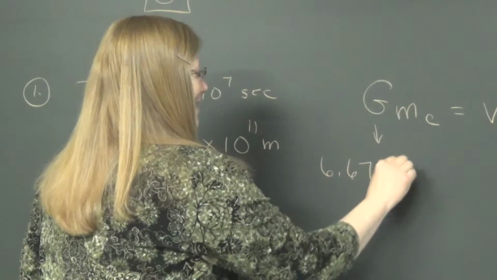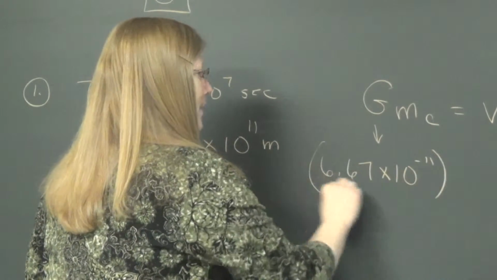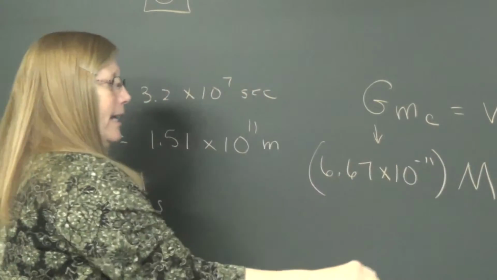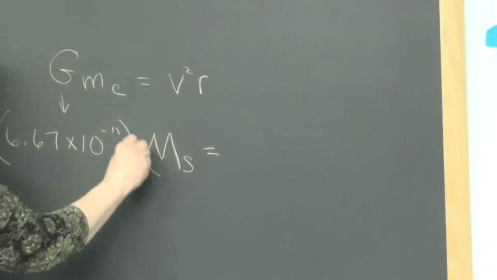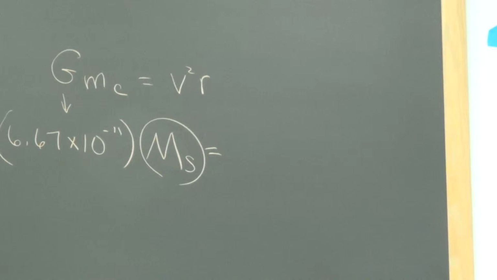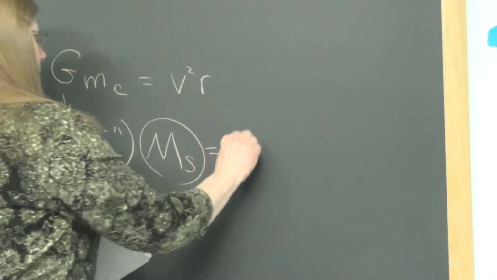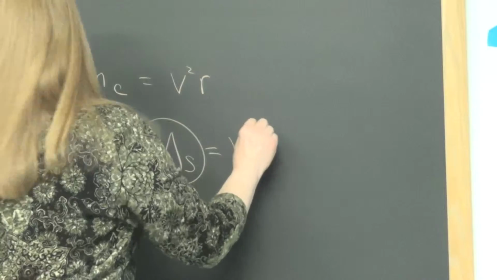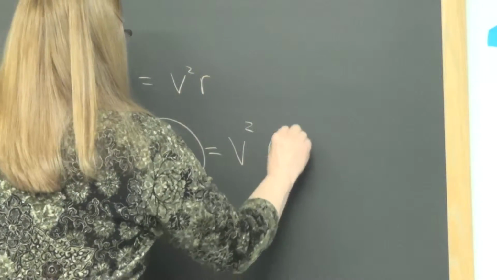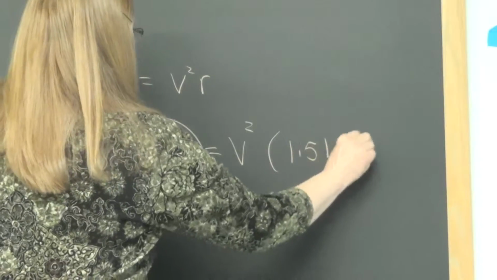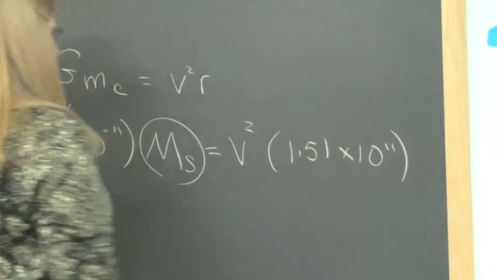All right. Mass of the sun. The mass of the thing in the center is the sun. So that's what we're looking for. I'll put a circle around it. Velocity, I don't see velocity listed here, but radius I do see listed. And that's in meters.